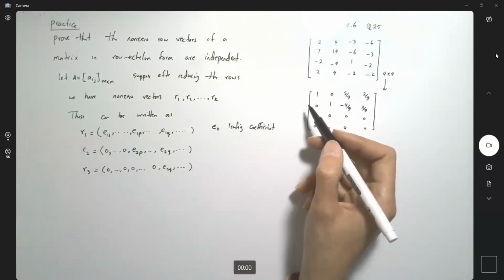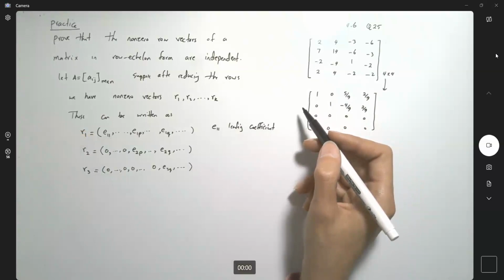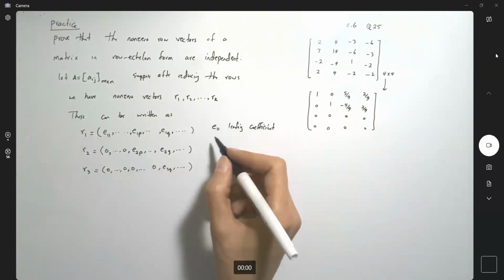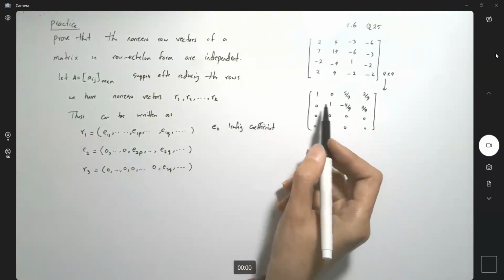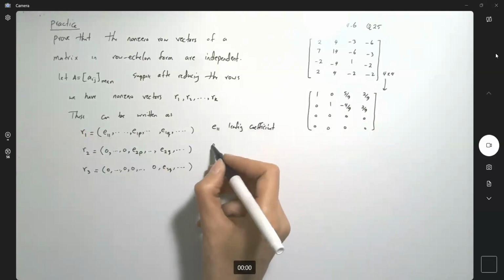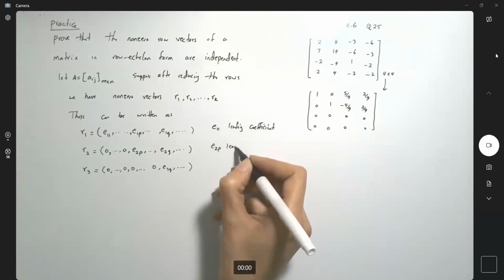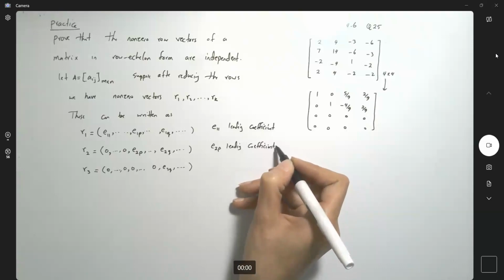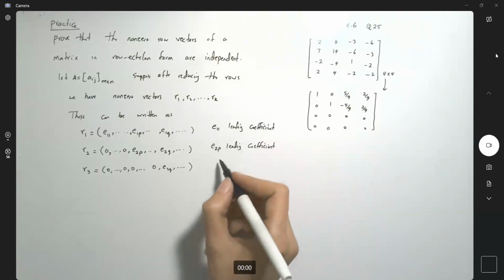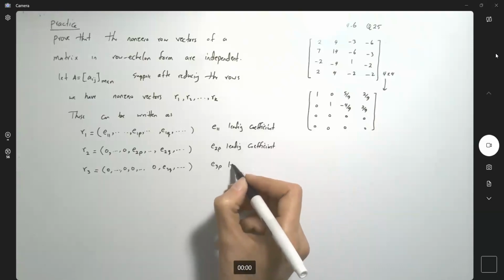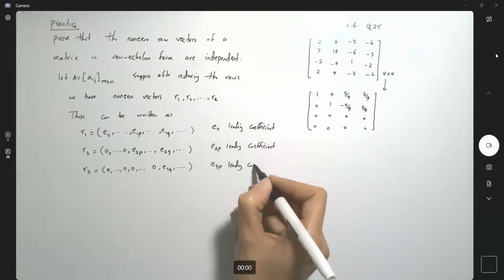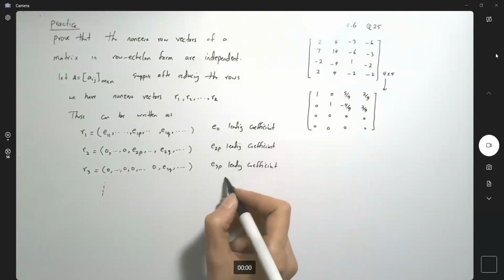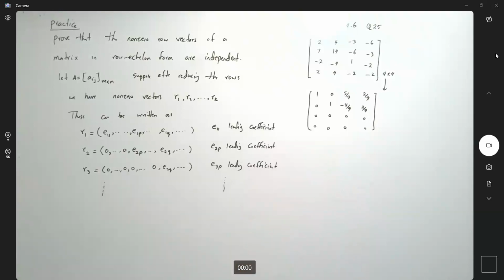Then the leading coefficient for the second vector is E2P. Again, you don't know how many zeros you might end up with. Then you have E3P, the leading coefficient for the third one, and you continue this process.